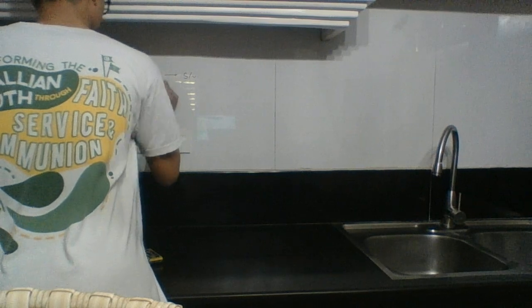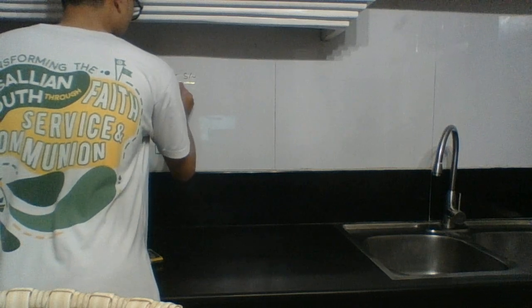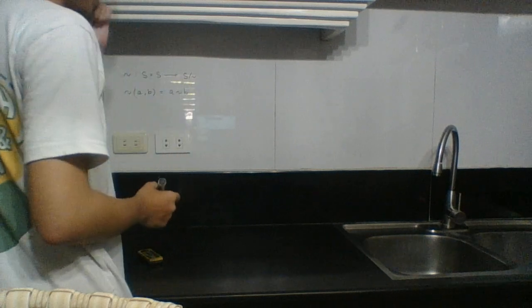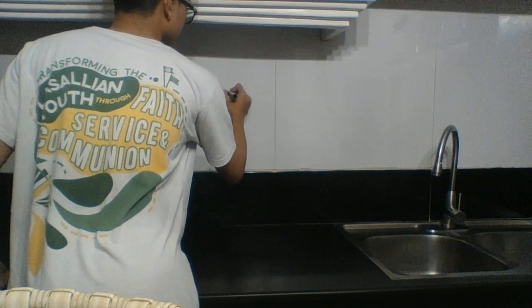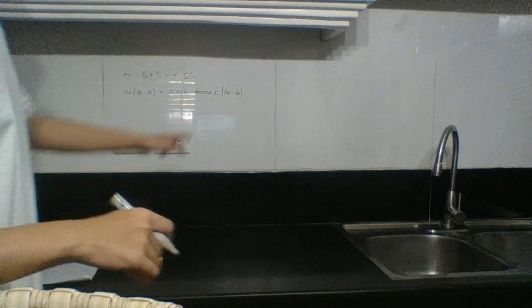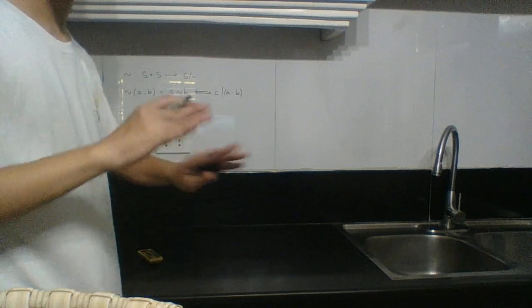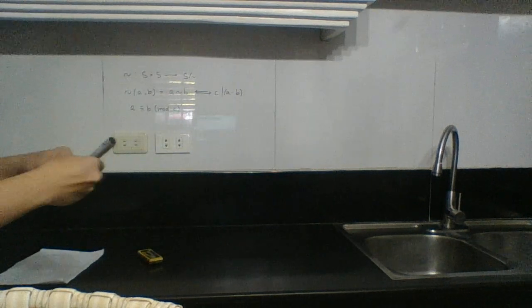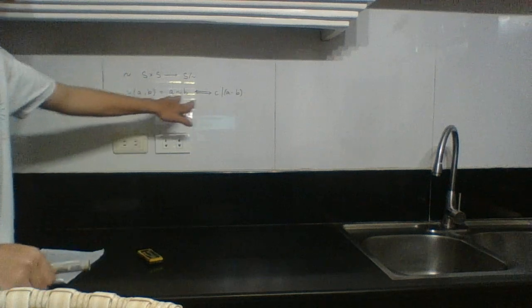So A and B, for any symbols A and B in S, okay? So it's a p sub i and a p sub j. And A is equivalent to B if and only if a new element C divides A minus B. So what I mean here is that A minus B is divisible by C with no remainder. Okay? And so we restate this by saying that A is congruent to B mod C. Okay, so this is another way of stating this here.